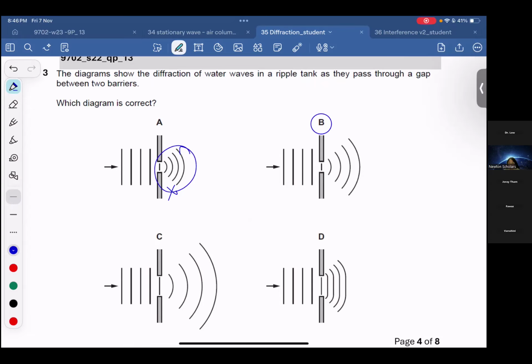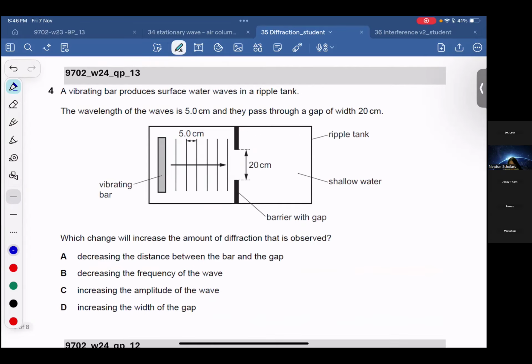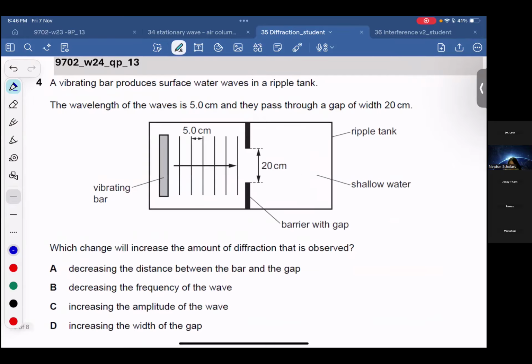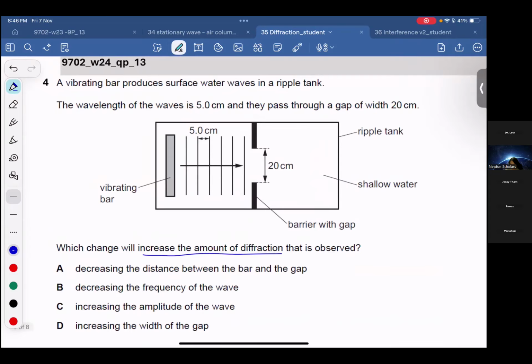Okay, we go to question number 4. Can you try how to increase the amount of diffraction? Which change can increase the amount of diffraction?